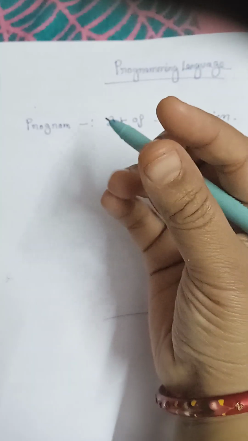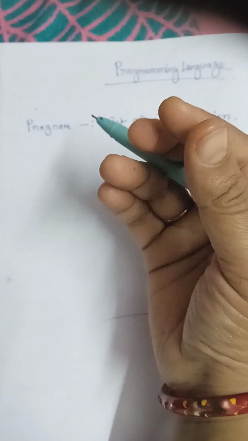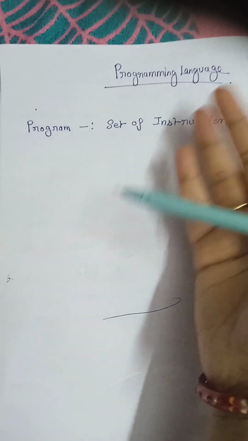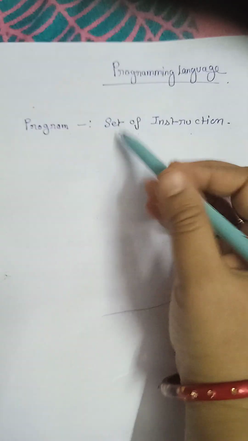And what is a programming language? The language which we use to give a set of instructions to the system, that is a programming language. Say we are all doing communication, but the languages are different.